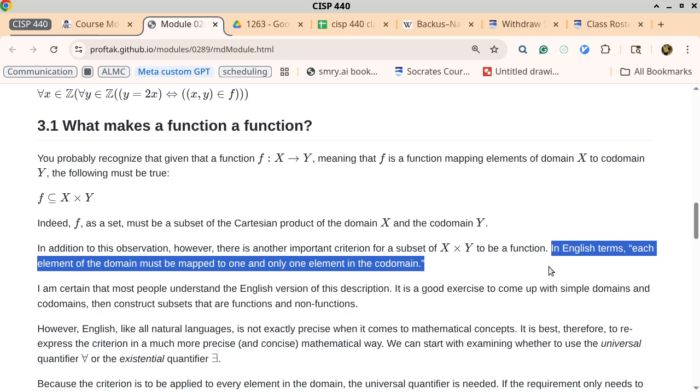We ask basically the same question: is 2 mapped to one and only one thing in Y? We look at the set and it doesn't mention anything about 2, which means 2 is not mapped to anything in Y, or you can also say 2 is mapped to 0 elements in Y.